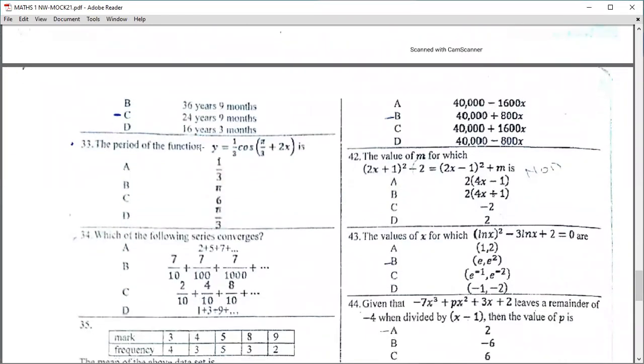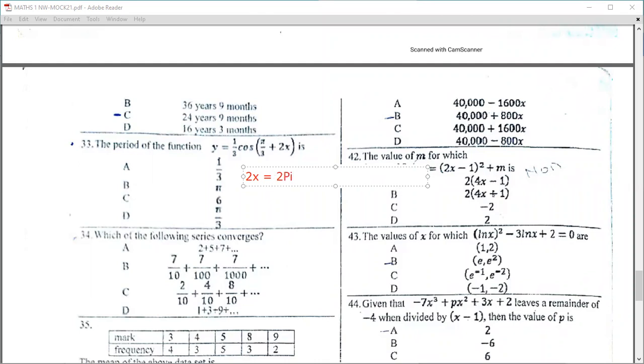So what is the period of this function? For cosine and sine functions, their normal period is equal to 2 pi, right? So when the function is written in this form, this is just a shift. So we only consider the coefficient of x. So this 2x should be equal to the period of the cosine function, which is 2 pi.